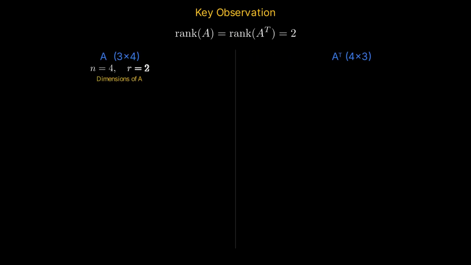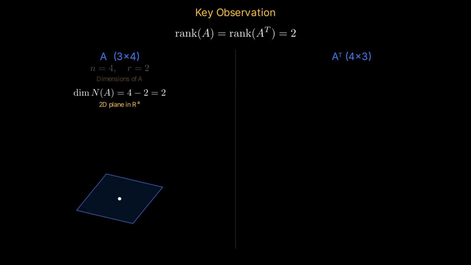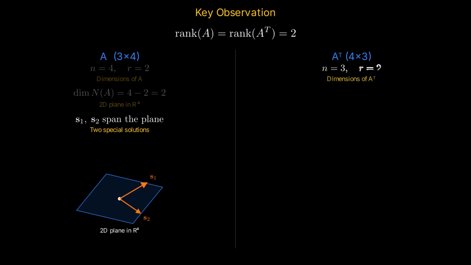For matrix A, which is 3 by 4, the number of columns is n equals 4. With rank r equals 2, the null space dimension is 4 minus 2, which equals 2. That means the null space of A is a 2-dimensional plane sitting inside R4. The two special solutions, s1 and s2, span this plane.